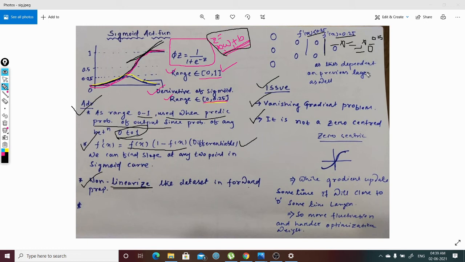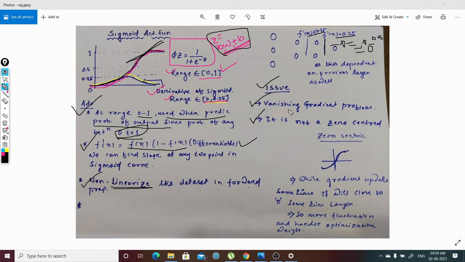So there won't be any gradient, the gradient becomes 0. If the gradient becomes 0, the weight optimization will be 0. The previous iteration weight would be the same as the next iteration weight. So there will be a vanishing gradient problem. Yes, it is a vanishing gradient problem.